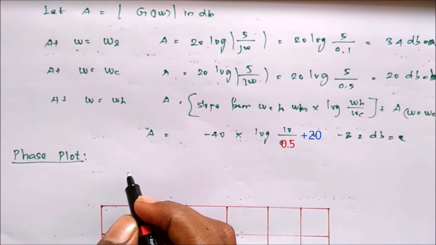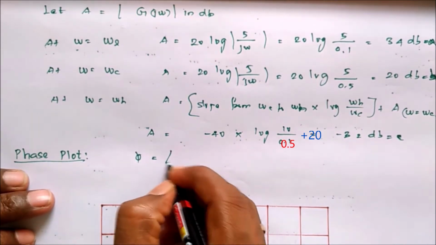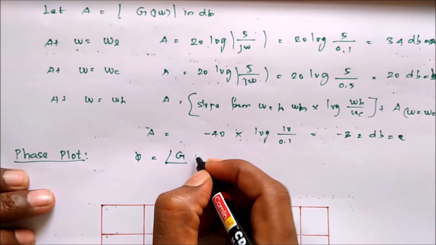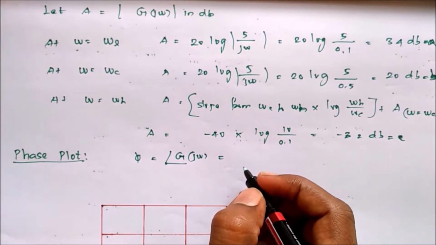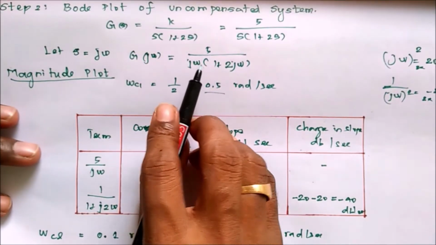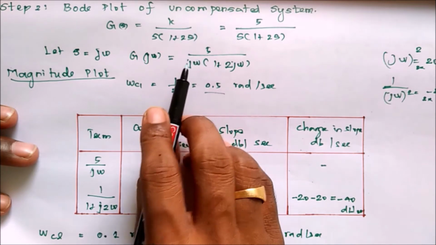For drawing the phase plot, we have to consider the angle phi, equal to the angle of G of j omega. From this equation, first we consider the term 1 by j omega.